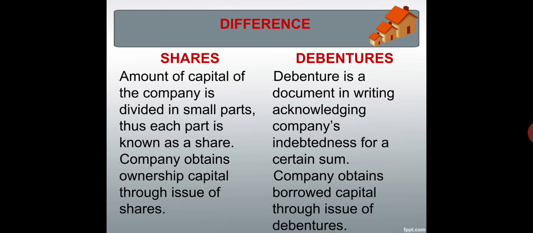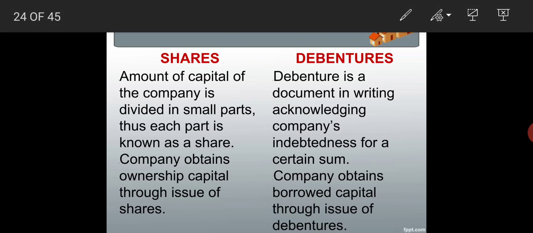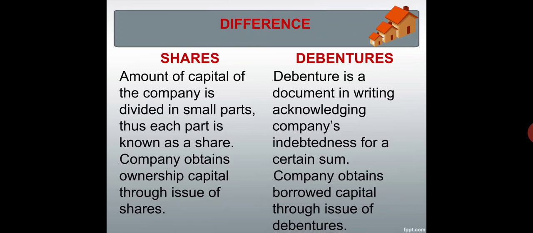A debenture is a document in writing acknowledging the company's indebtedness for a certain sum. As compared to shares, a debenture is a document issued by the organization, and its main purpose is to raise borrowed capital in the market.